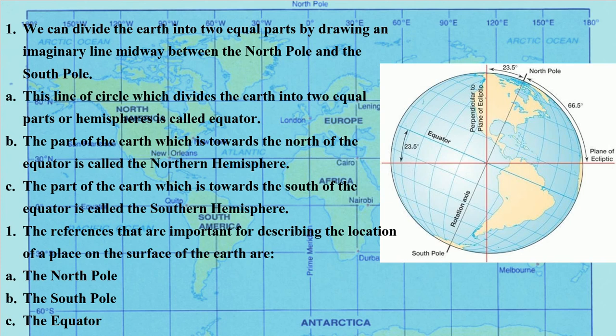As you can see here in the picture, a perpendicular line from any of the poles to the equator makes an angle of 90 degrees.